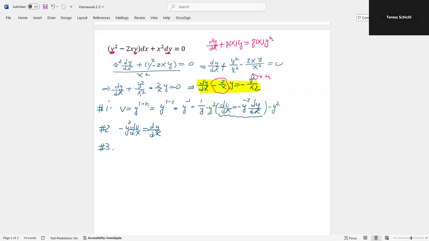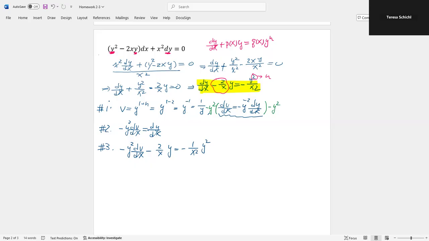After I find the dy/dx, I substitute it into this yellow equation I highlighted. So it's negative y squared dv/dx minus 2x times y equal to negative 1 over x squared times y squared here.